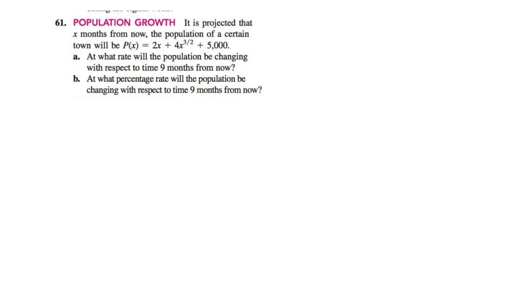So let's call X the months, and P the population, the number of inhabitants, the number of people. Let's change the X by the T, because T is time, in months. And P, let's make it N, the number of people.